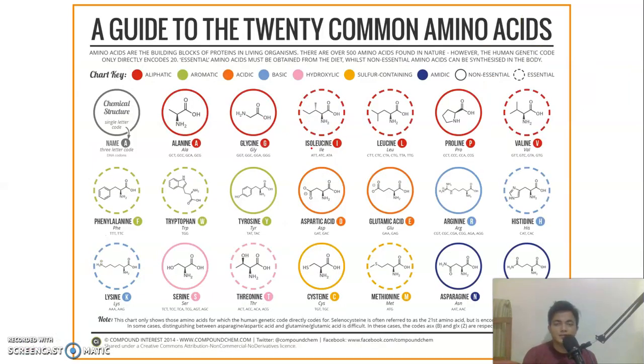These are the common amino acids. I think there are more than 100, but these are the most common, and these are the structures. If you notice, NH2, COOH, NH2, COOH, and then there is a connection to that R, whatever it is. That is the common structure of your amino acid.